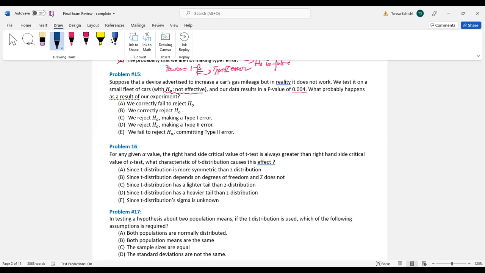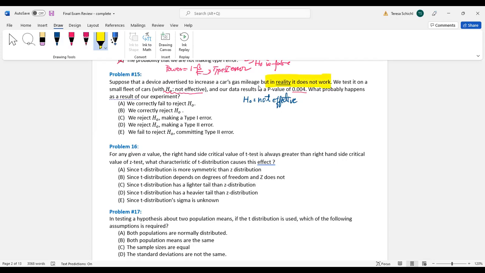This is a kind of very confusing wording, right? So let's write it out. When we write it out, I think it will help. H0 says it is not effective, right? Suppose the device can increase the gas mileage, but in fact does not work.